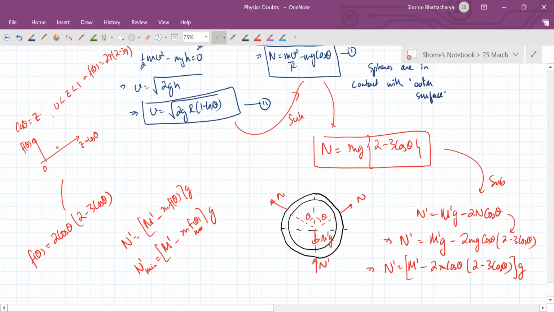So this function's graph is like this. This function's maxima is at z equal to 1 by 3.